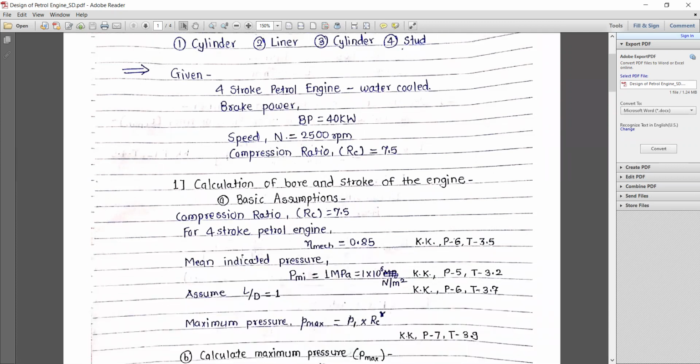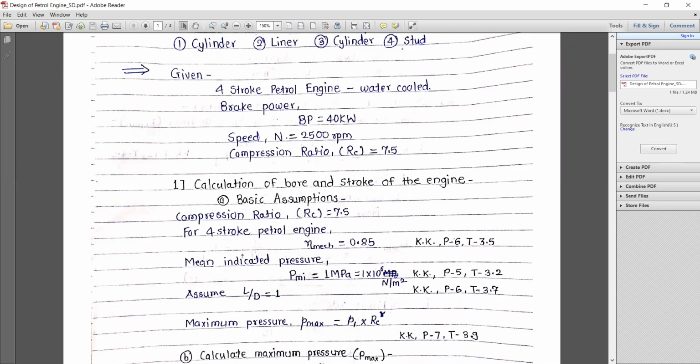Okay, let's write down the standard things or given input data. Type of engine: 4-stroke petrol engine, water cooled. Brake power is 40 kilowatt. Speed N is 2500 rpm.